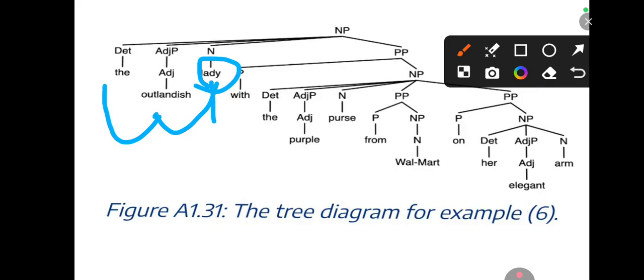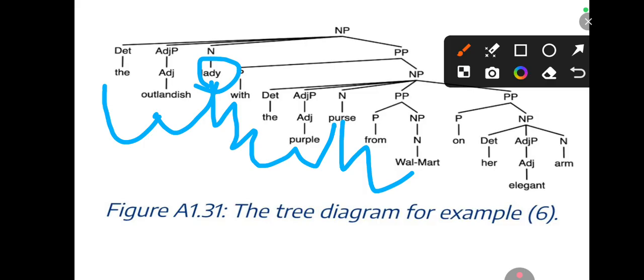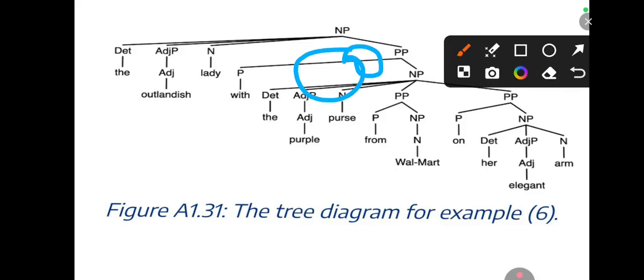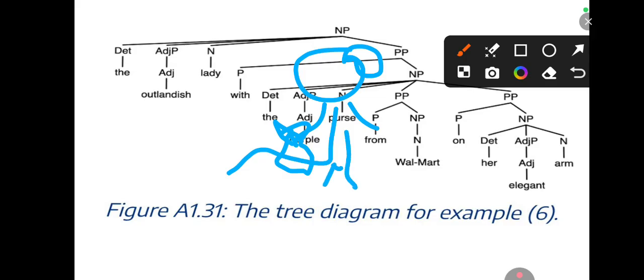Then "with the purple purse", okay, and the purse is from Walmart. Then "on her elegant arm" you can also imagine for the lady, right? So the lady has a purse, and then she is going somewhere.